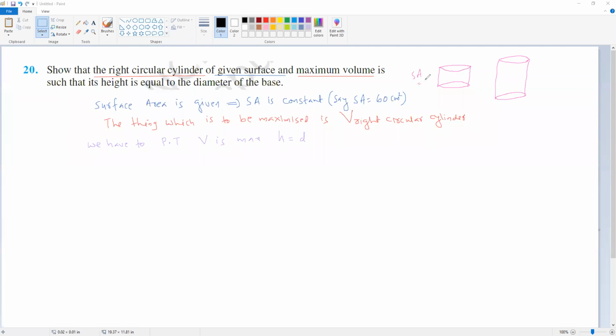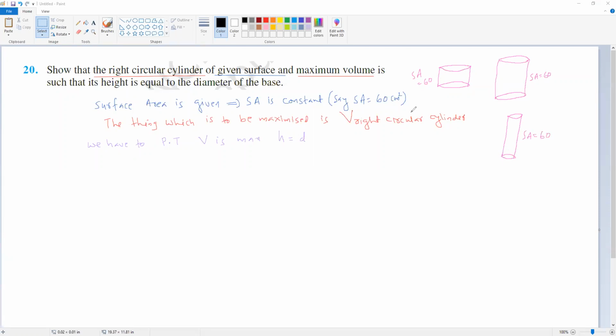Say, मैंने example के लिए बोला 60. और ऐसे भी हो सकता है इसका लेंथ और कम कर दिया, हाइट ज़्यादा कर दिया, ऐसे इधर भी surface area 60.